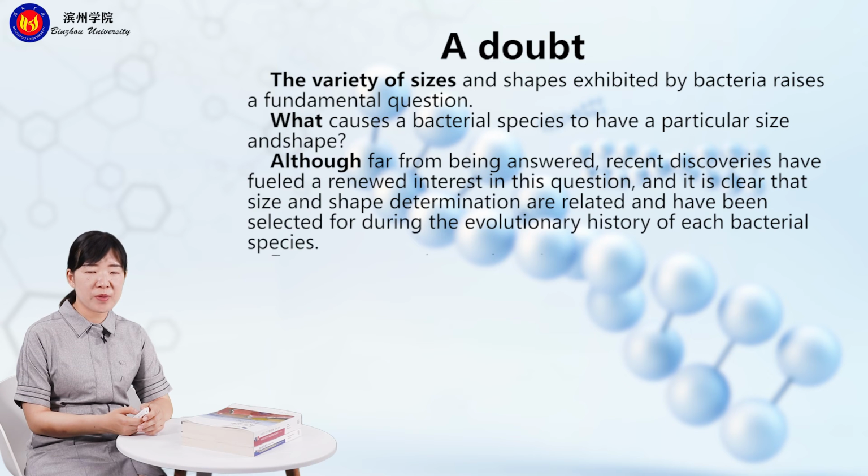Although far from being answered, recent discoveries have fueled a renewed interest in this question, and it is clear that size and shape determination are related and have been selected for during the evolutionary history of each bacterial species.